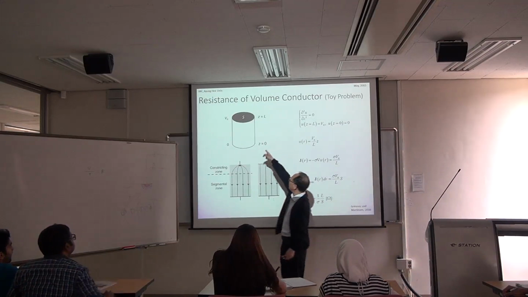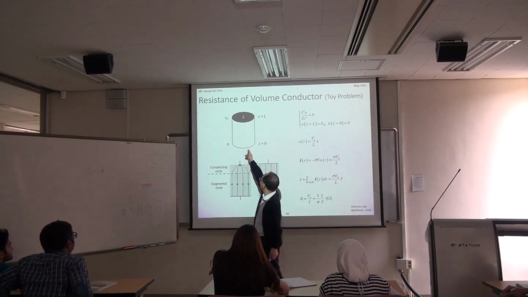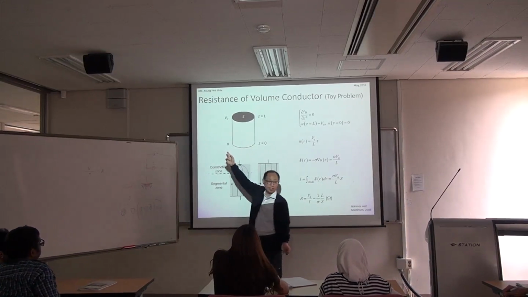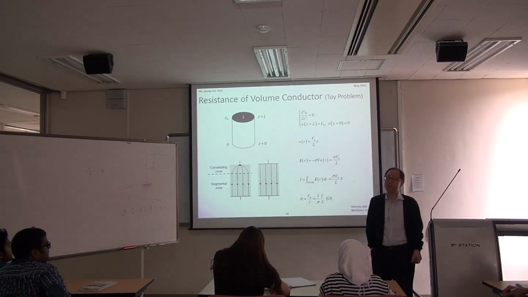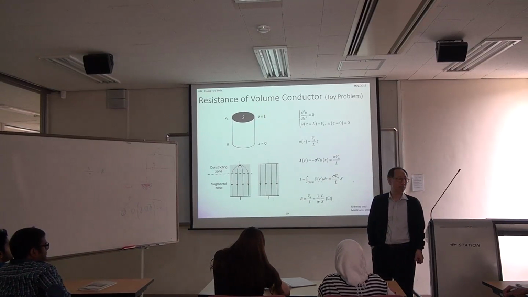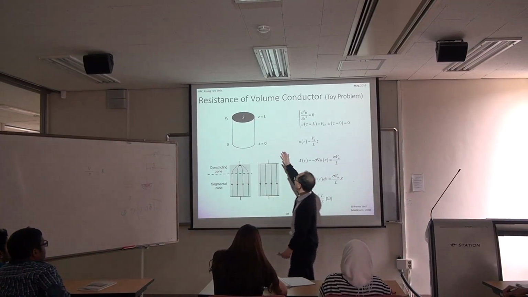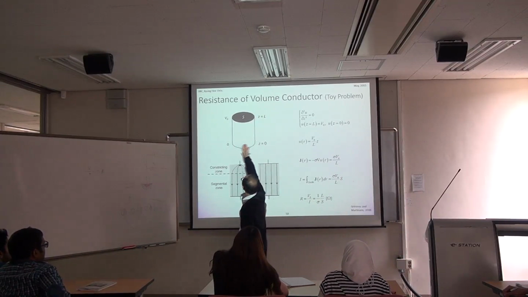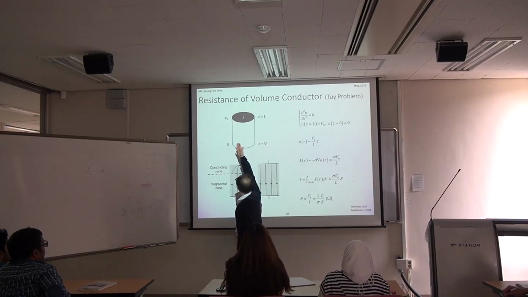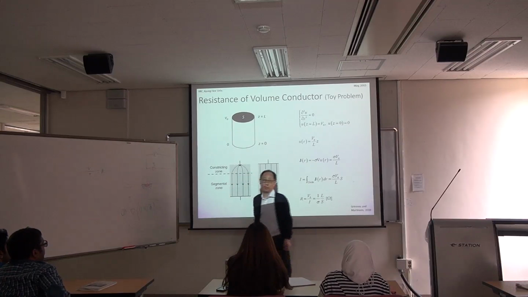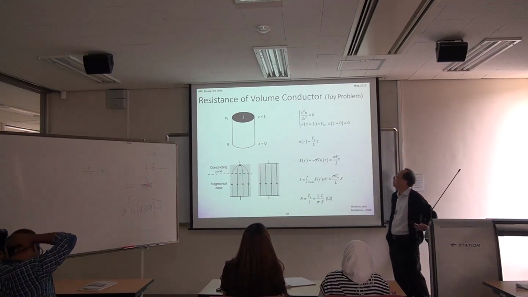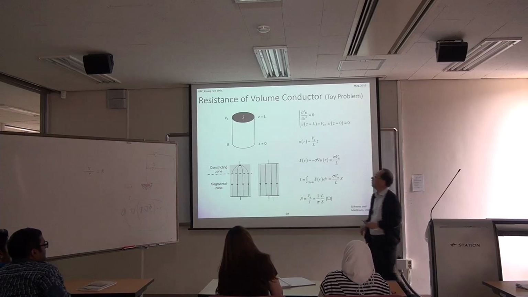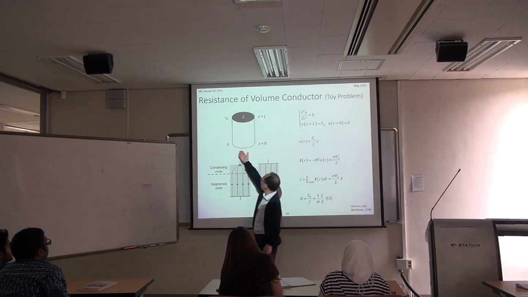Let's think about a cylinder, a perfect cylinder. Inside the cylinder, there's just a homogeneous conductivity material, conductivity sigma. And we attach a large electrode at the top and another electrode at the bottom. So this is the voltage reference here.